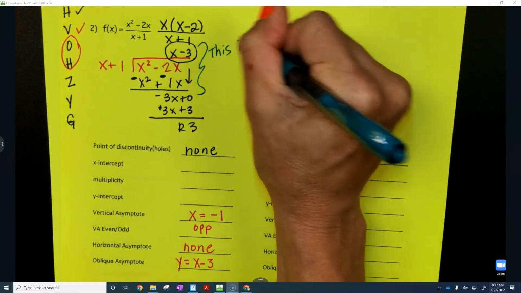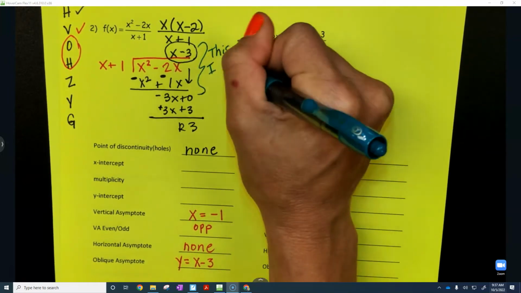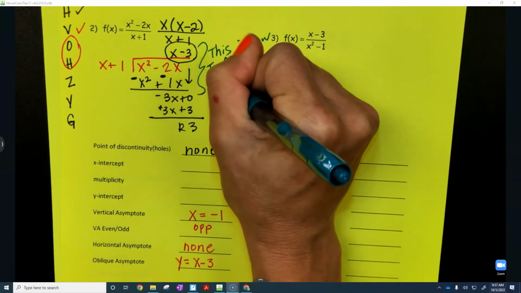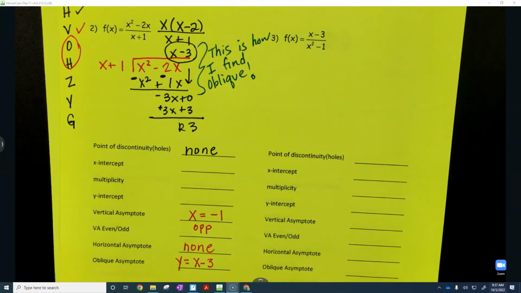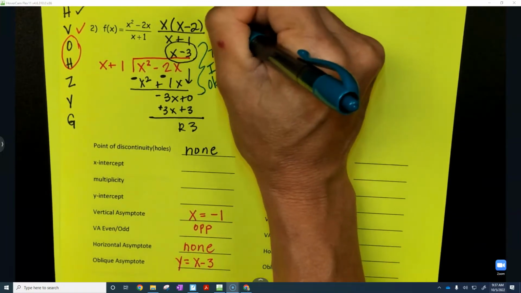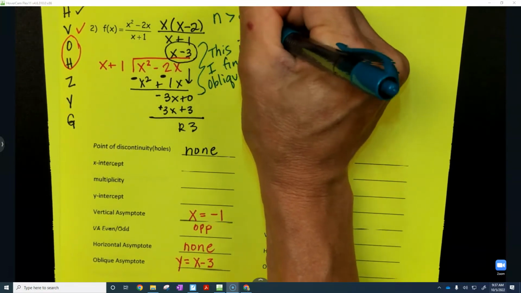This is how I find oblique. And remember, why did we even try to find the oblique? Because the numerator won the degree fight.